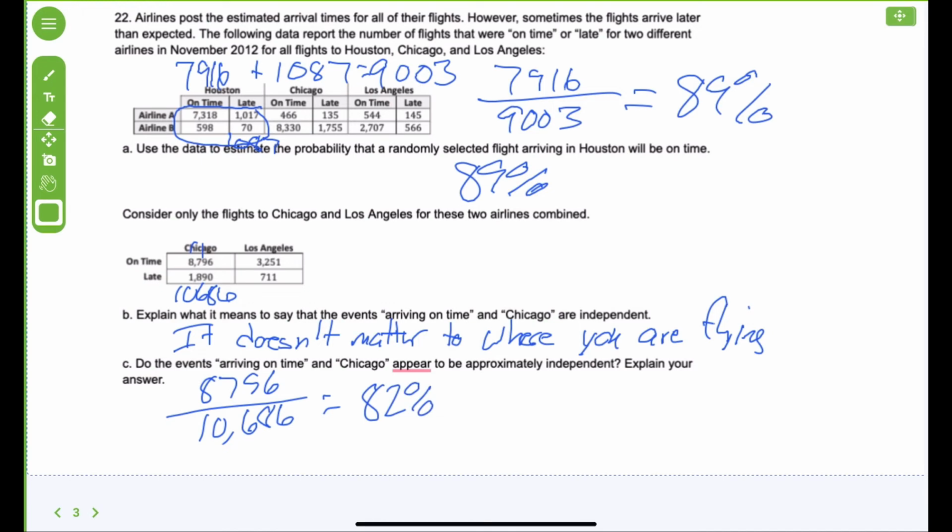So that's Chicago. Now to do for Los Angeles on time, you would say 3,251 over 3,962, and that's going to be about 82% as well. So since they are the same, that means that they are independent. We would say that they are roughly independent.